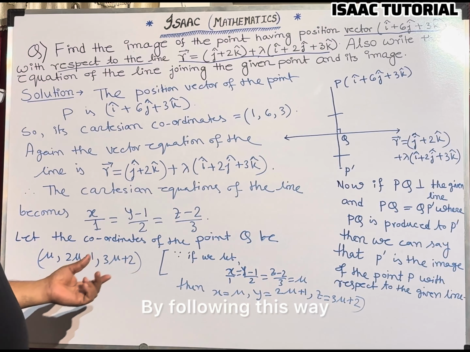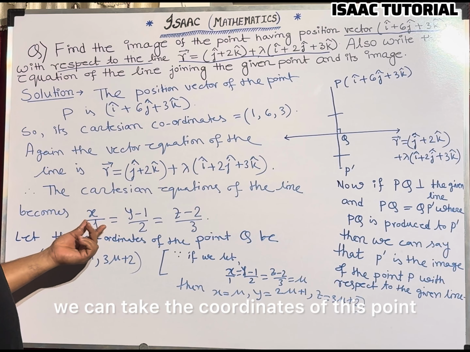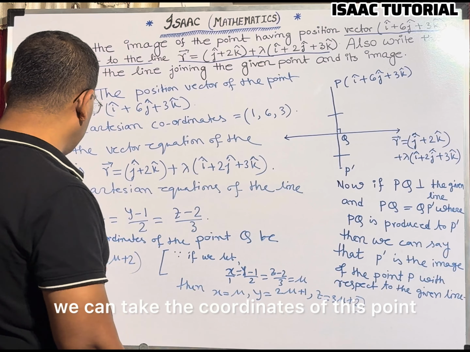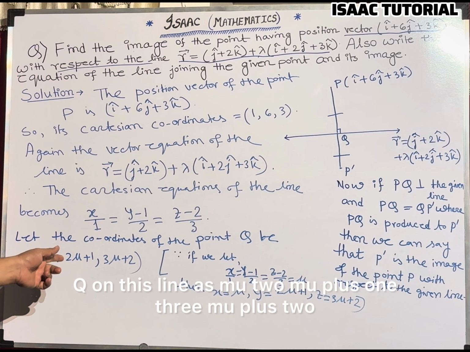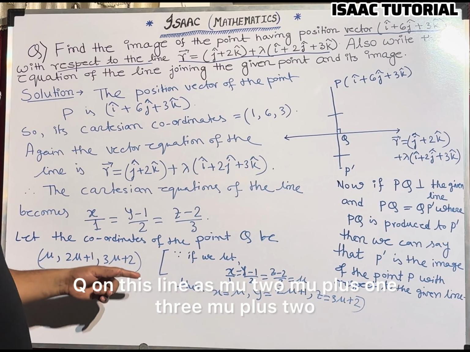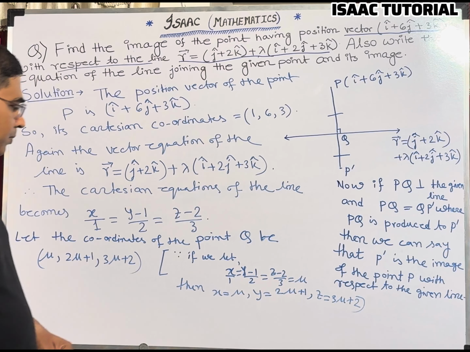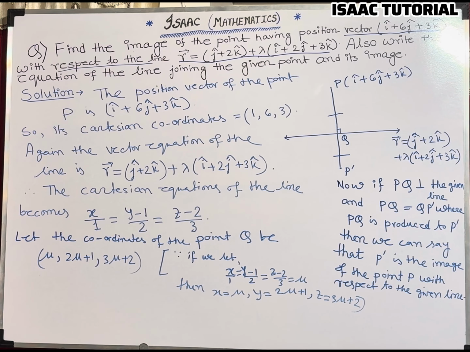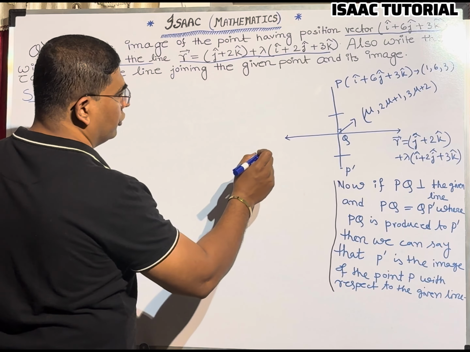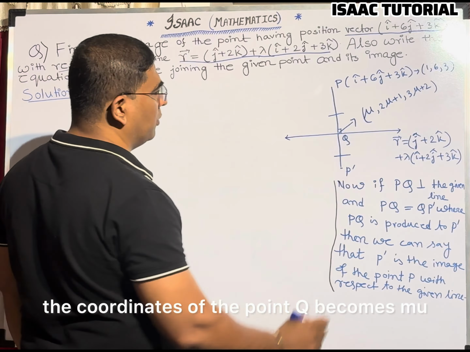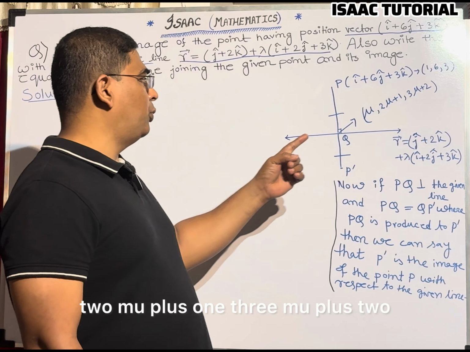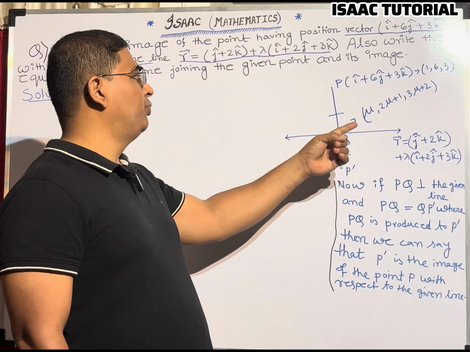By following this way, we can take the coordinates of this point Q on this line as mu, 2 mu plus 1, 3 mu plus 2. Okay. So, the coordinates of the point Q become mu, 2 mu plus 1, 3 mu plus 2.